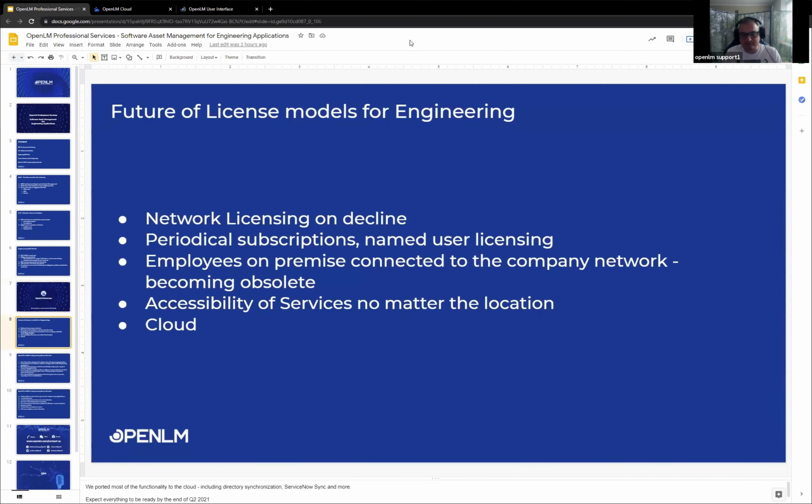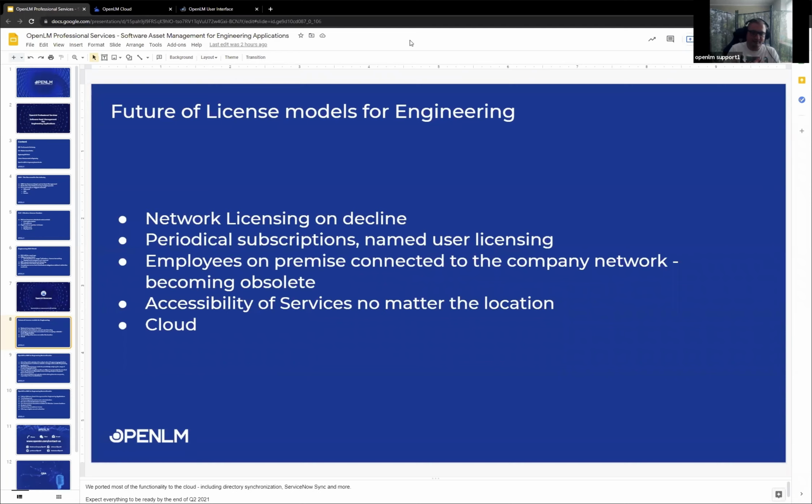What I think is going to happen, and what we already see happening with our customers and the whole world, is that one of the primary game changers in the last 18 months since the Corona crisis started, around March 2020, is that network licensing is becoming obsolete.